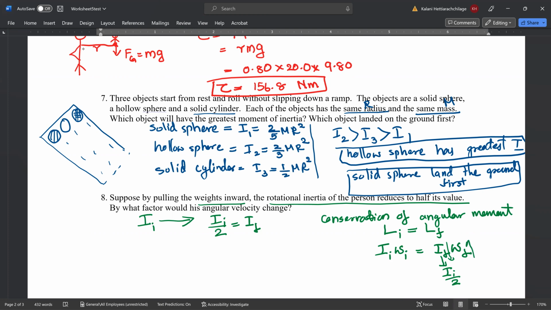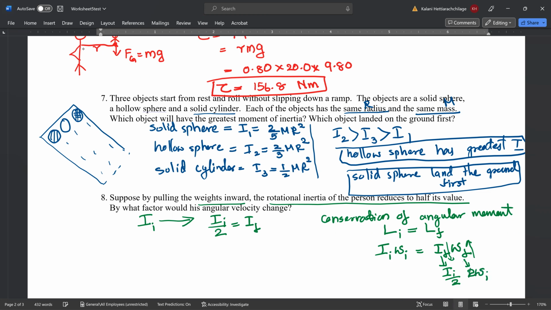That means omega final definitely should increase because you decrease the moment of inertia. But how much you need to increase the omega final, you can definitely see from here. You need to double the omega final to make it equal to initial. So this one I need to change into twice of omega initial.